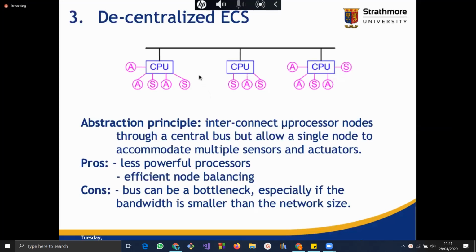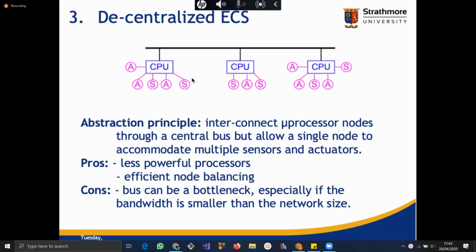Then I want you to take note that for the first three, the centralized, the ad hoc, and this decentralized, one CPU can be connected to as many sensors and actuators as possible. For example, you want your control unit to measure temperature, humidity, and soil pH, with one CPU.